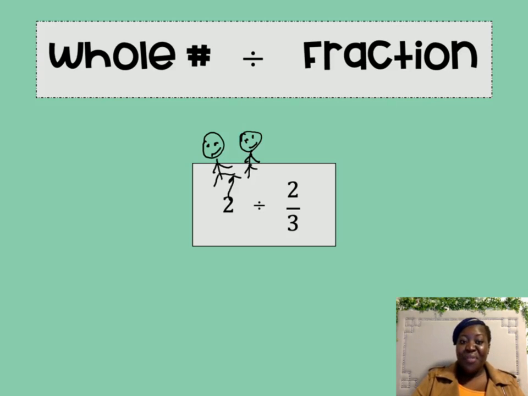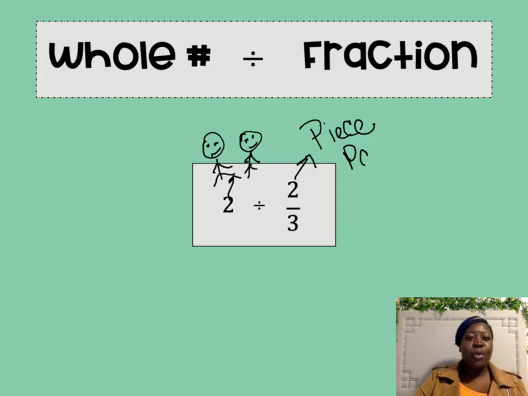And our fraction tells us that they have this many pieces. So this 2/3, this is our pieces. And we're trying to figure out how many pieces or how many parts our friends have in total.